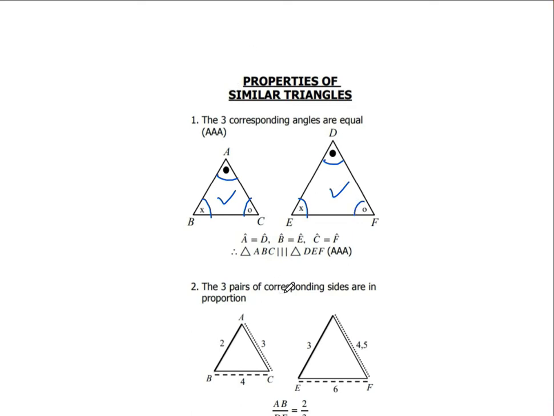So from that property, if the three corresponding angles are equal, we can conclude: therefore triangle ABC is similar to triangle DEF, and we put the reason inside the brackets: angle, angle, angle.